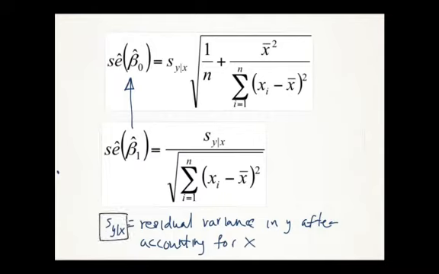Okay? And so now, given these equations, one is the standard error of the intercept, and the other the standard error of the slope, we can construct test statistics in order to answer this question, is it significantly different from 0? So, test statistics.